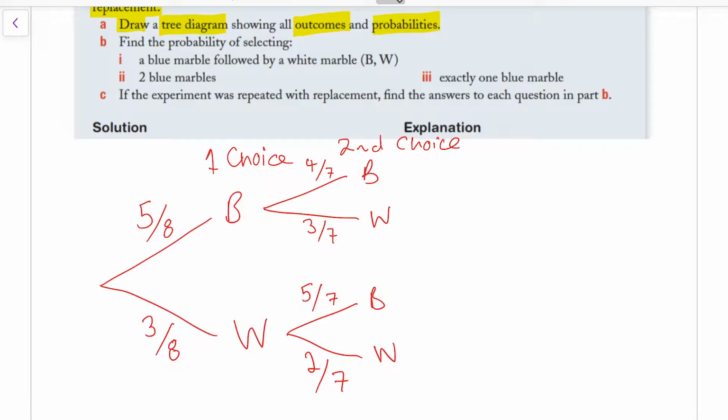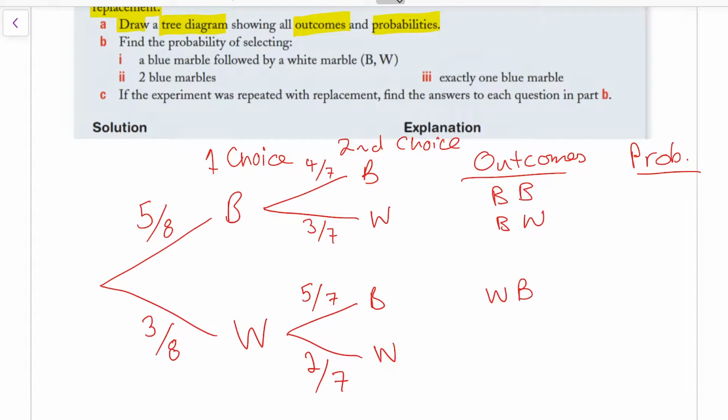Okay, I've removed it. So we then list our outcomes and then we're listing our probabilities. Okay, my outcomes: blue blue, blue white, white blue, white white. So the probability is 5 over 8 times 4 over 7.